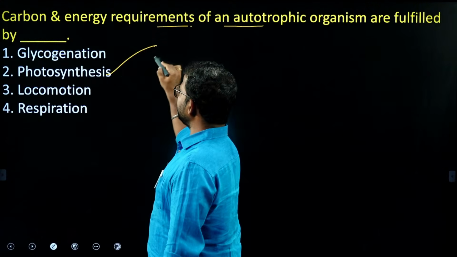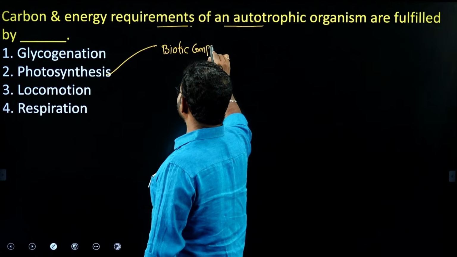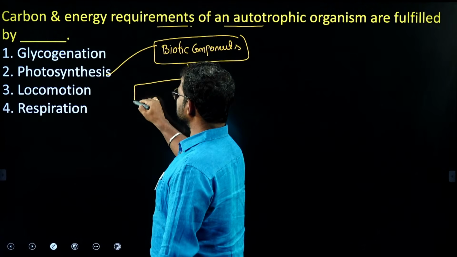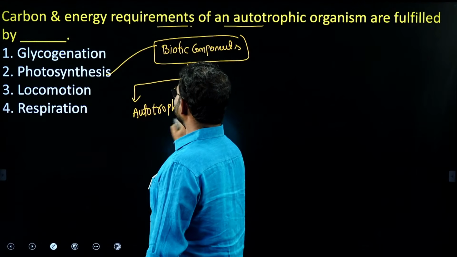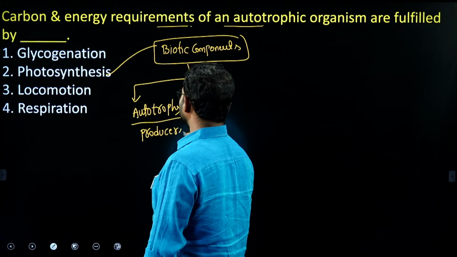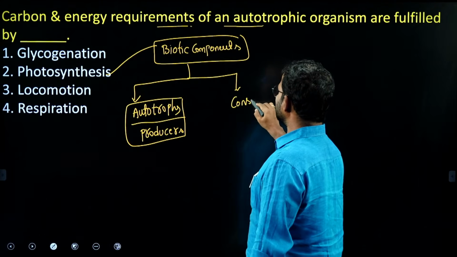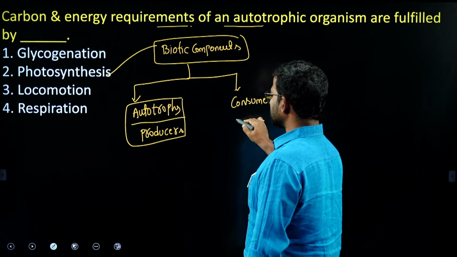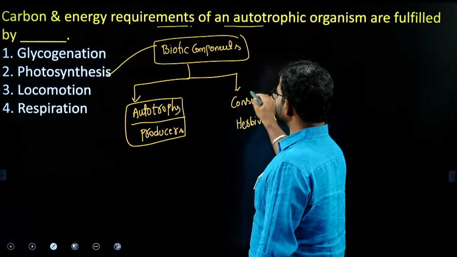Biotic components are classified into three types. One is autotrophs, which are producers. Second, consumers or herbivores.